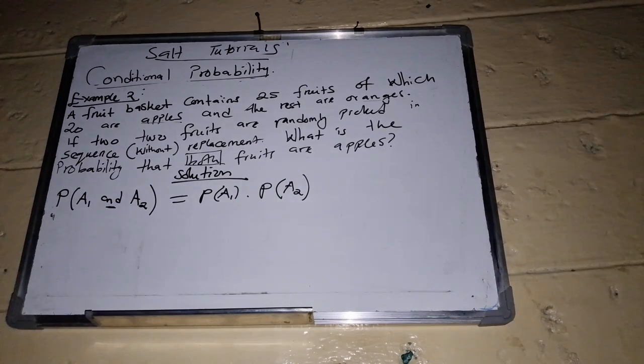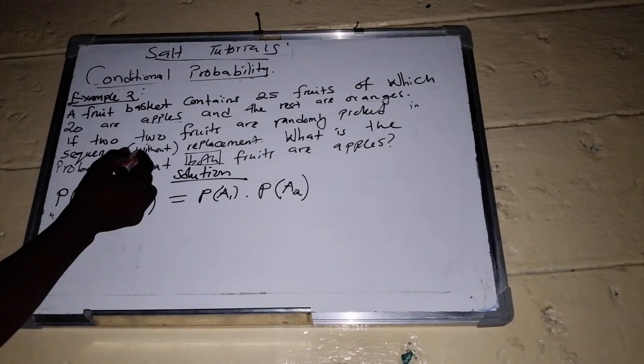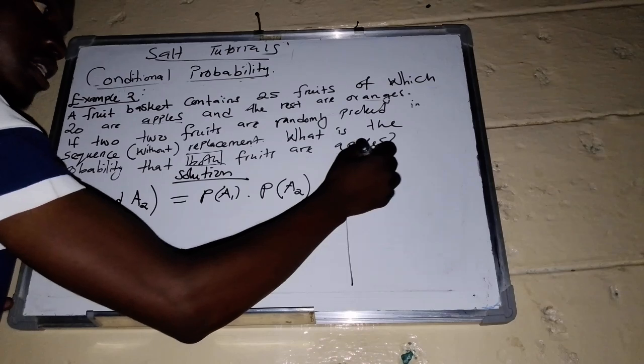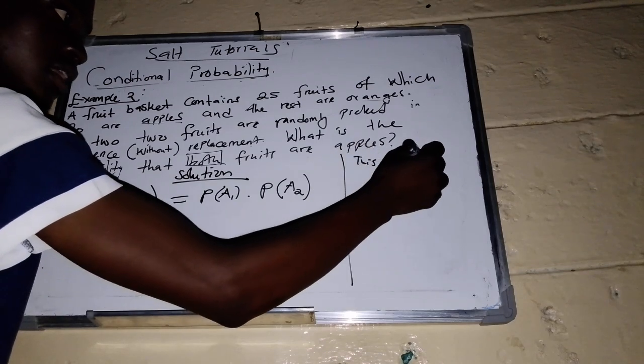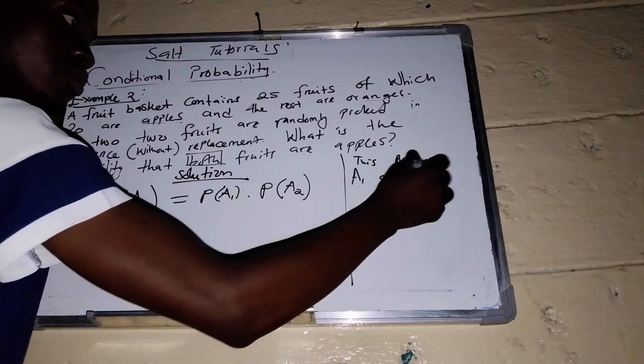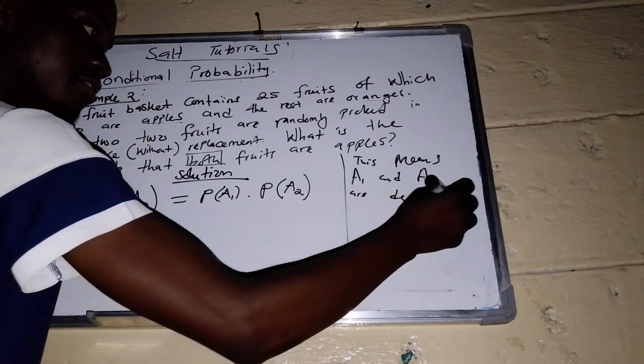But now, recall the statement: what is the statement saying? Without replacement. This means A1 and A2 are dependent events.